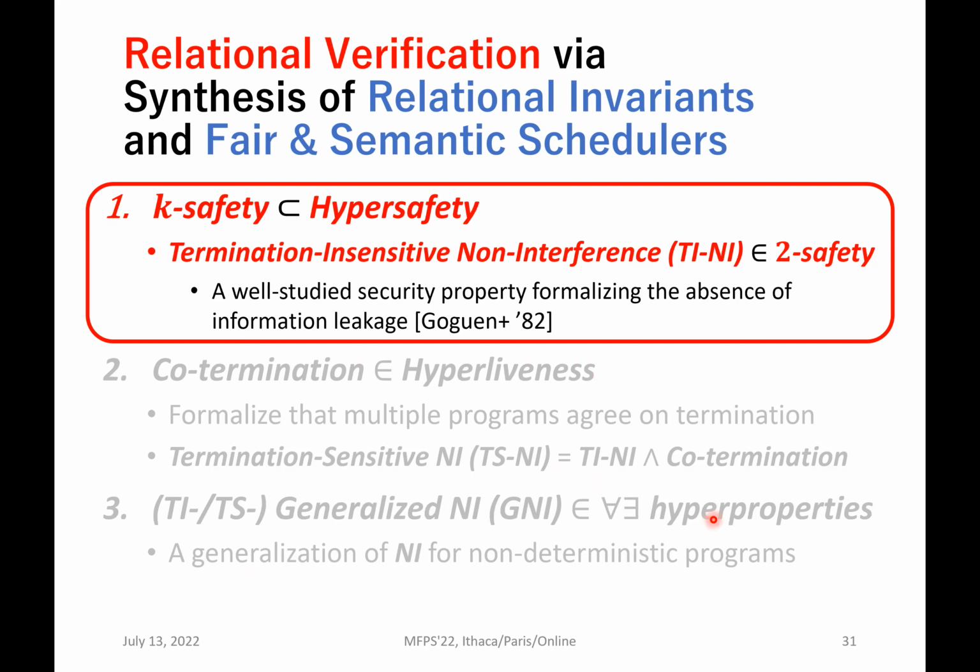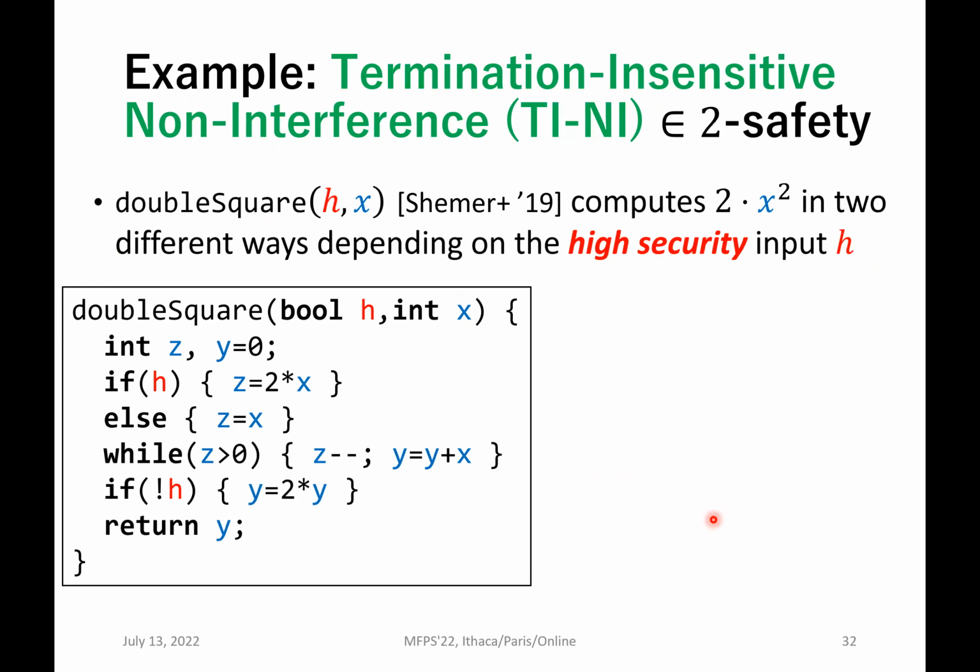Okay, let me first explain termination insensitive non-interference by using this example. The program double square computes 2 times x squared in 2 different ways depending on the high security input h.